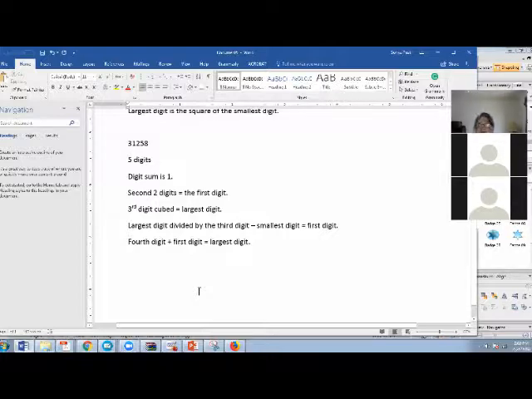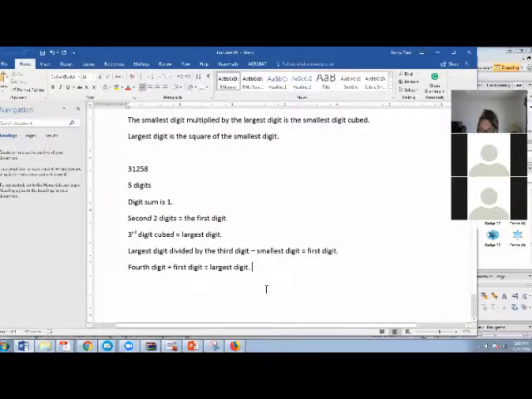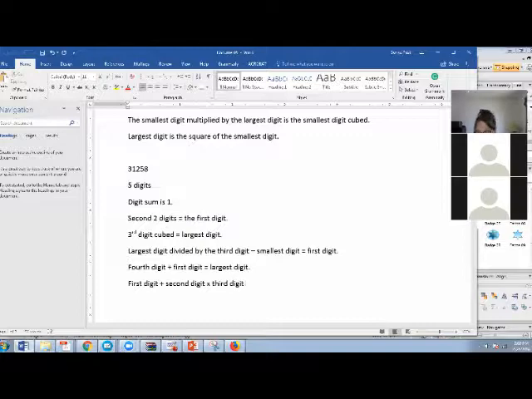Okay, I have one. The first digit plus the second digit multiplied by the third digit equals the last digit. There needs to be a bracket between the first and the equals.